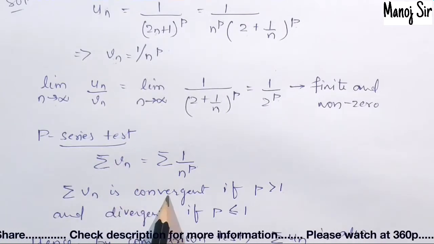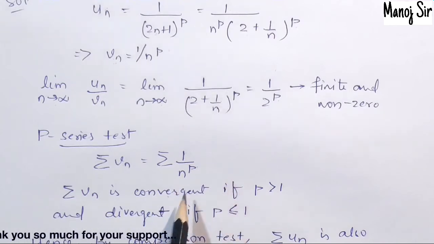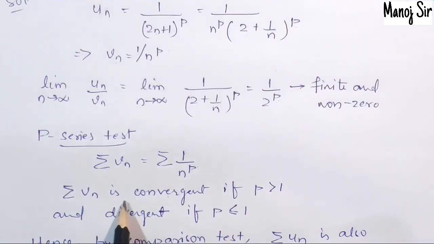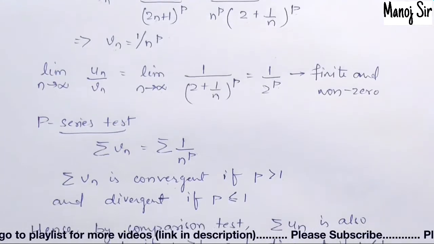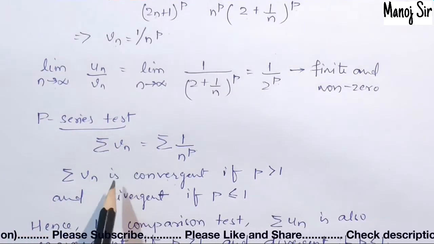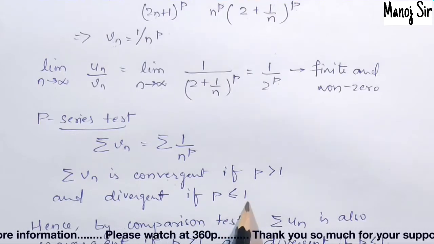Summation vn is convergent if the value of p is more than 1, and summation vn is divergent if the value of p is either equal to 1 or less than 1.